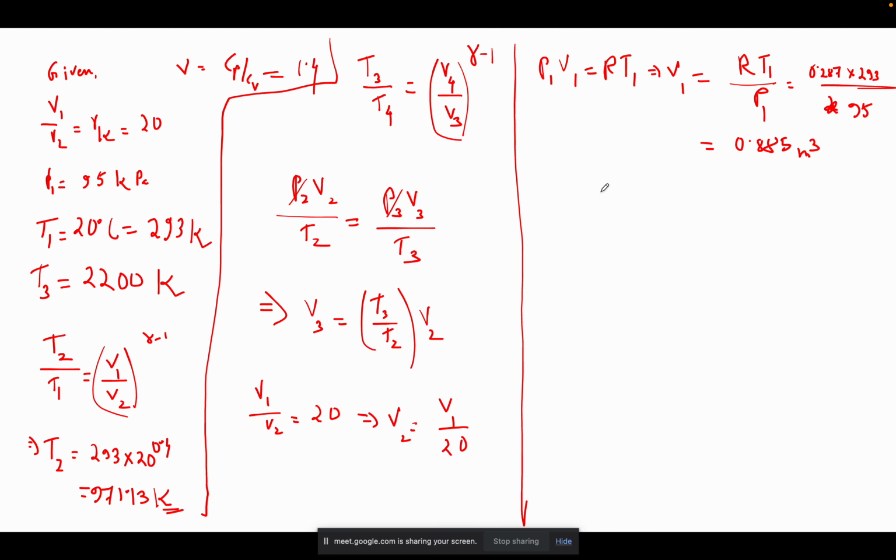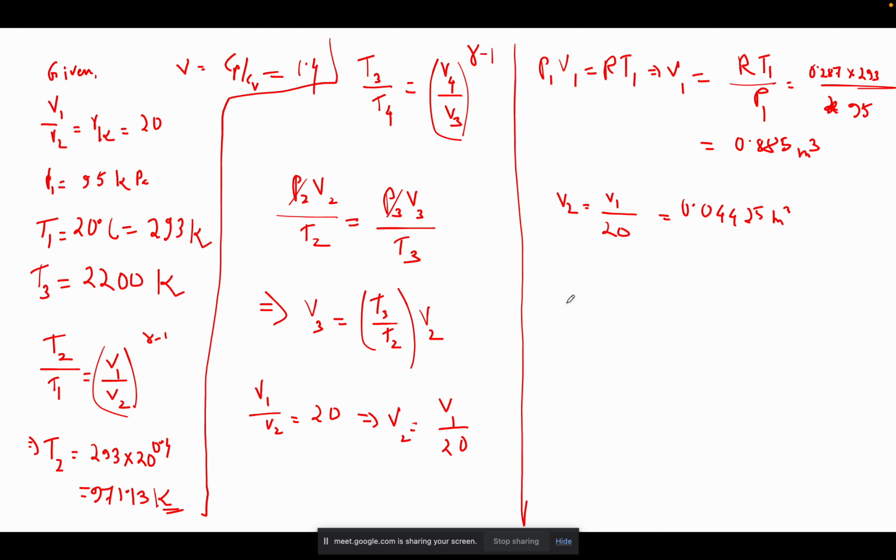Now V2 will be equal to V1 divided by 20, which is 0.04425 meter cube.